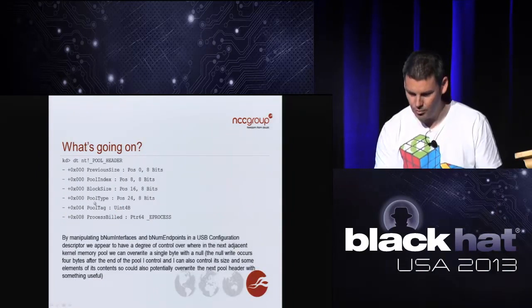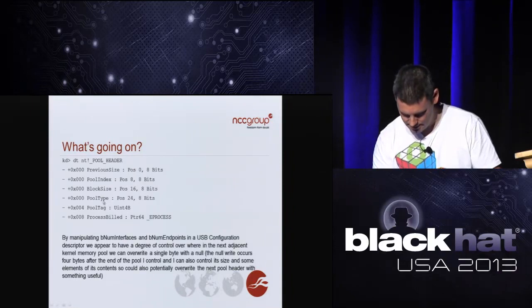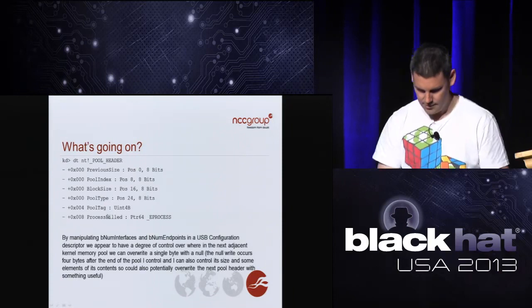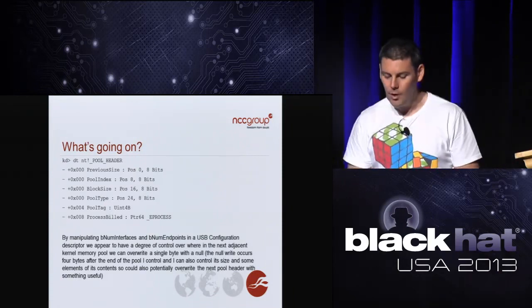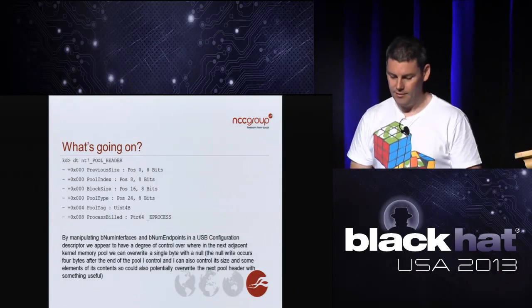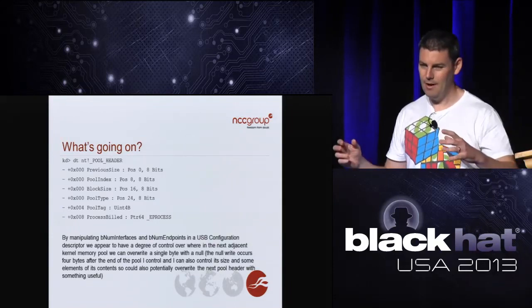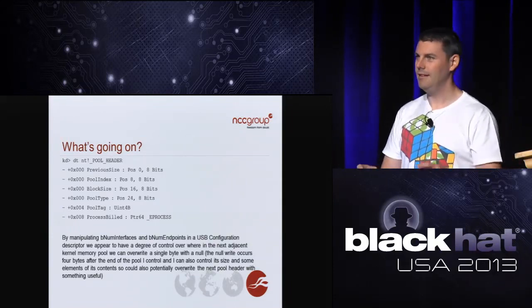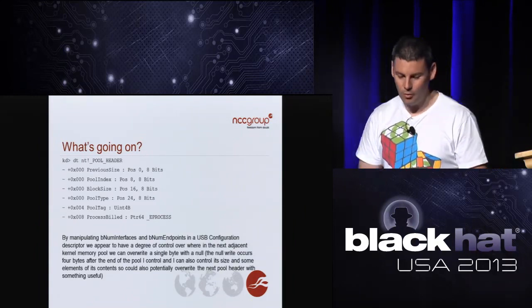In the second example we were overwriting, which one was it? Pool type, I think. So basically by manipulating these values within an interface descriptor, you can write nulls in reasonably arbitrary places in adjacent pool headers.